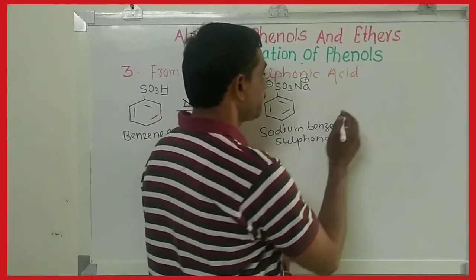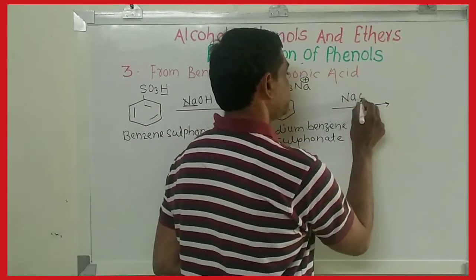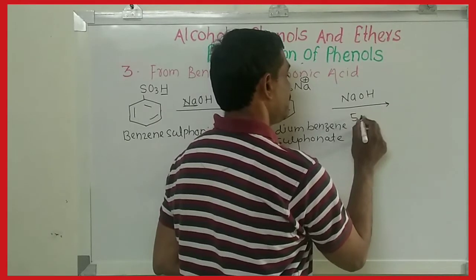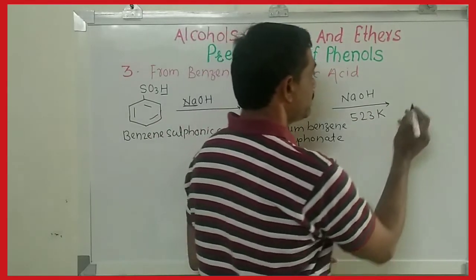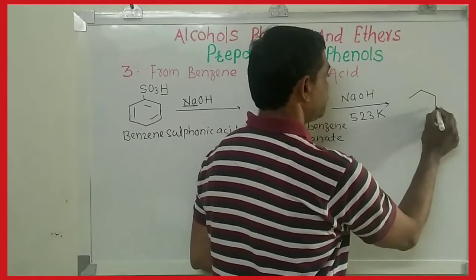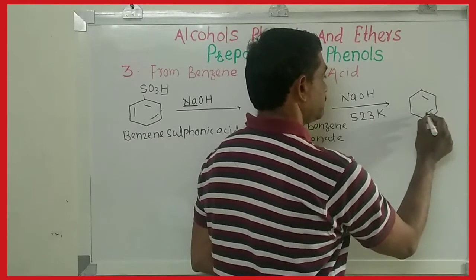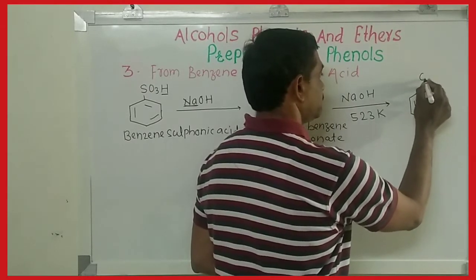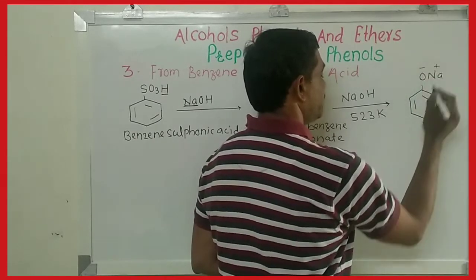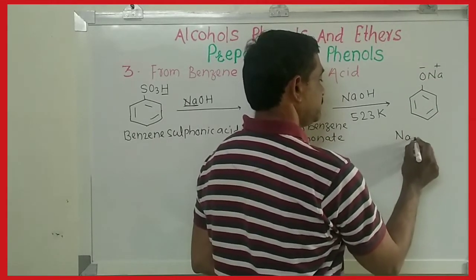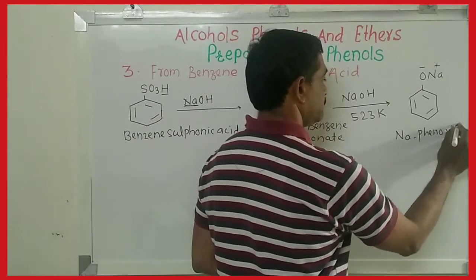This sodium benzene sulfonate is again heated at 523 Kelvin temperature with sodium hydroxide, and it gives another intermediate compound, that is sodium phenoxide, C6H5ONa. It is sodium phenoxide.